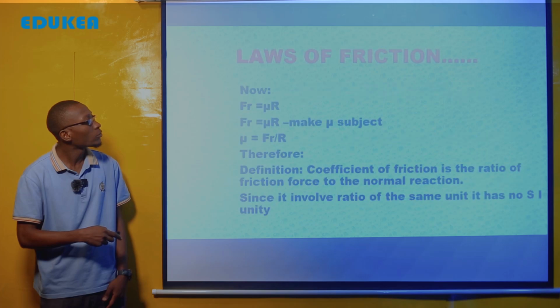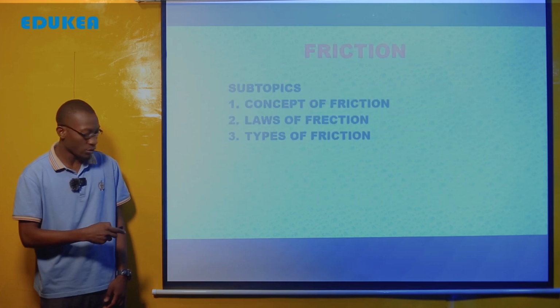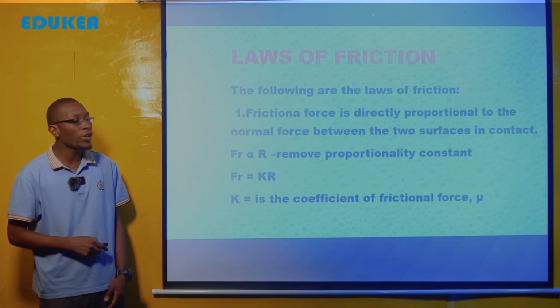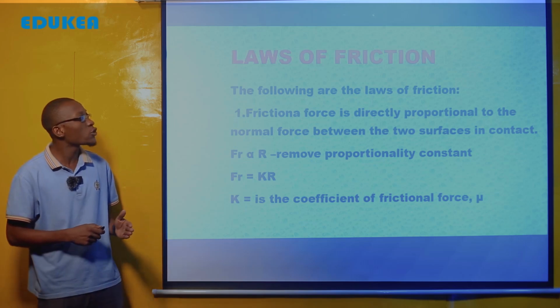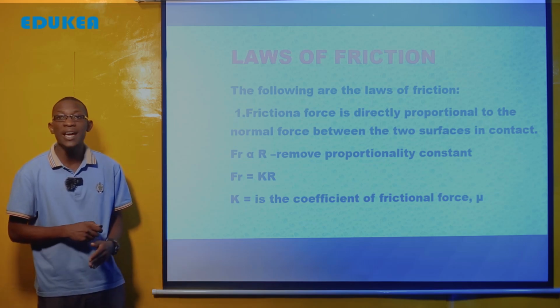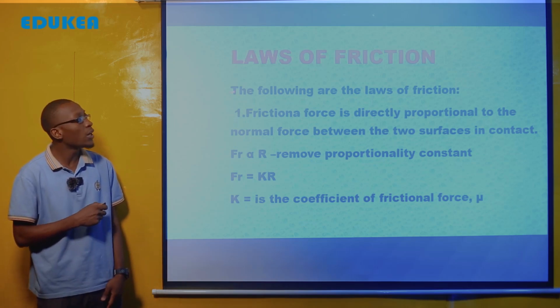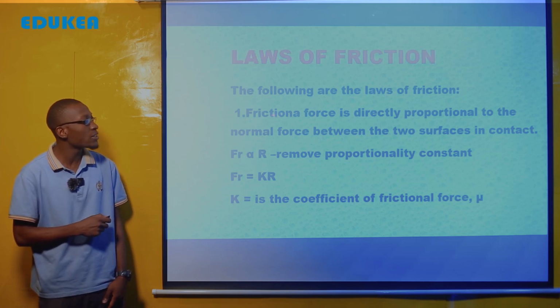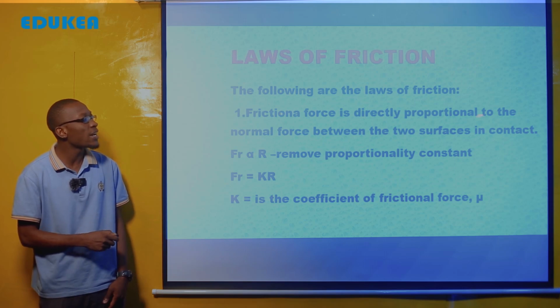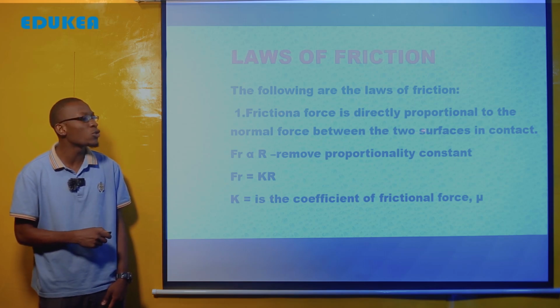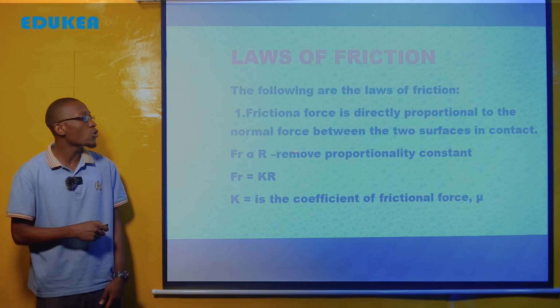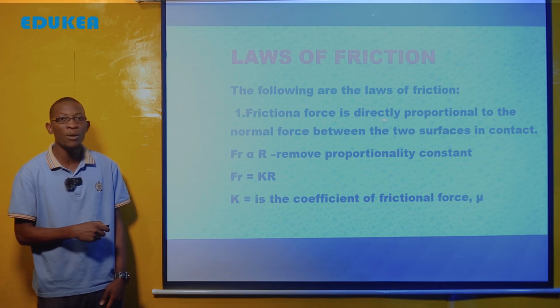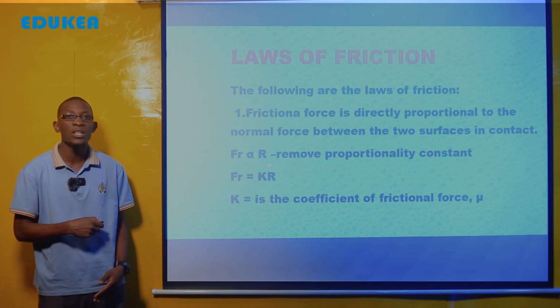a few things about the laws of frictions. So in our this frictional force, it is being guided with some laws, the laws of frictions. So the following are the laws of friction. The first one, we say that the frictional force is direct proportion to the normal force between the two surfaces in contact. So the frictional force tunasema kwamba is directly proportion, ni sawasawa na normal force between the two surfaces in contact.